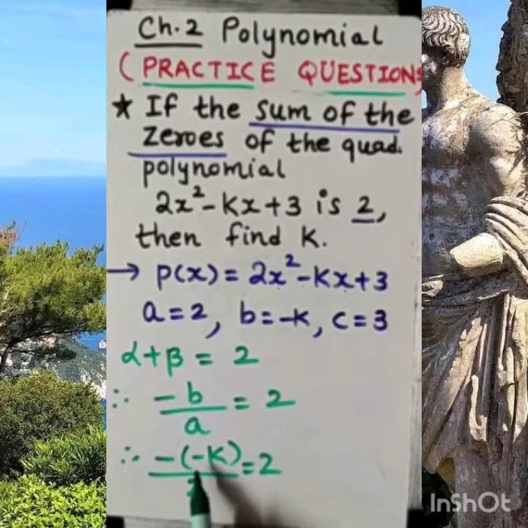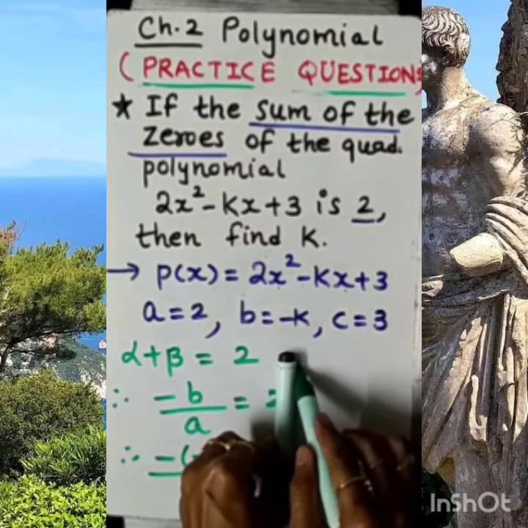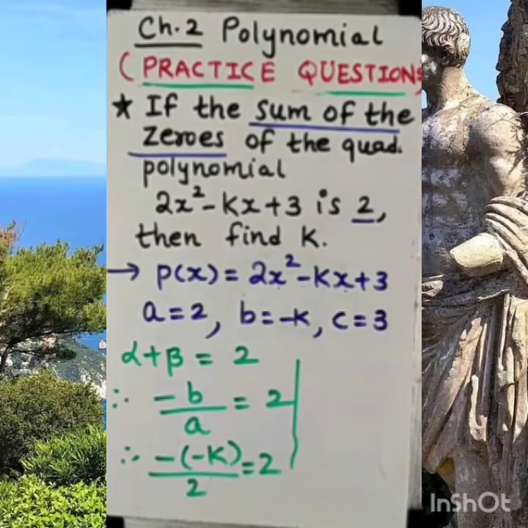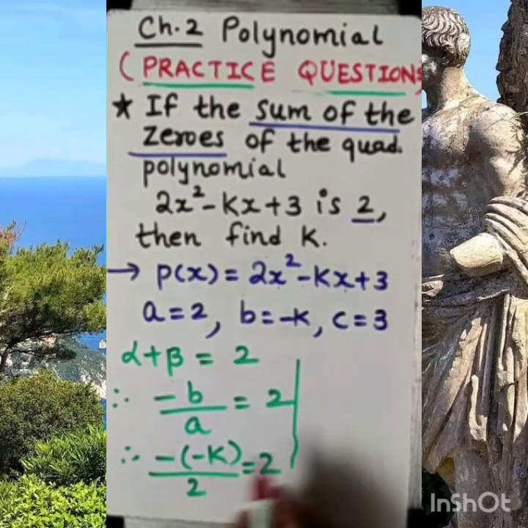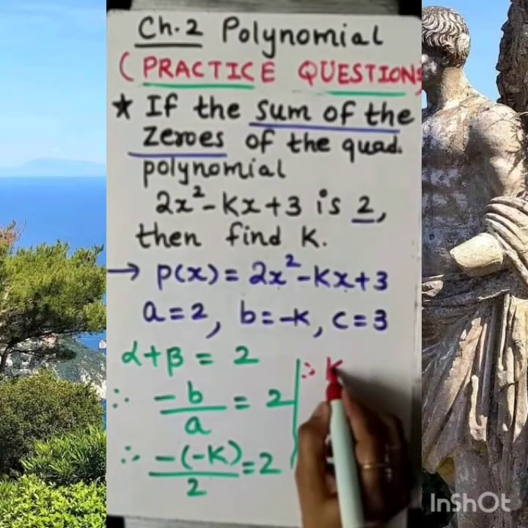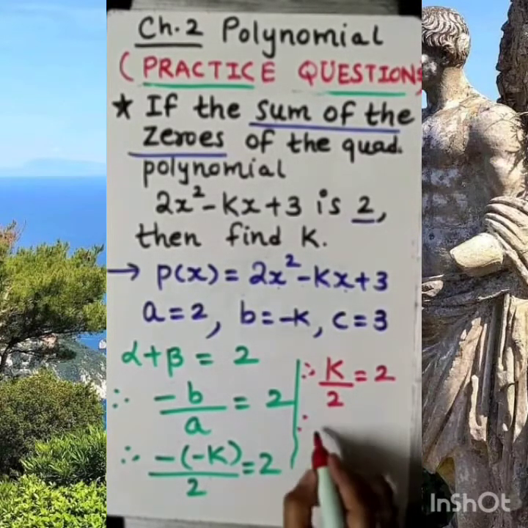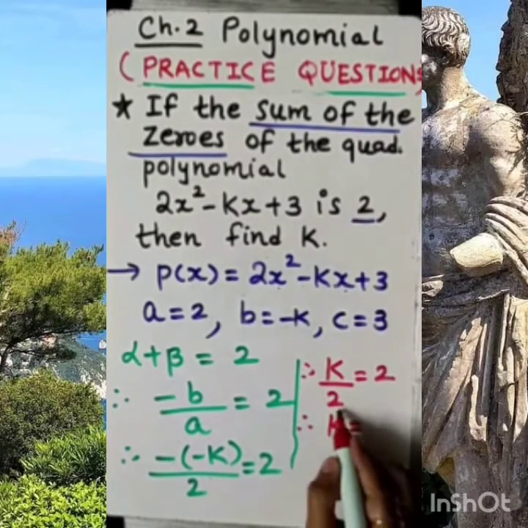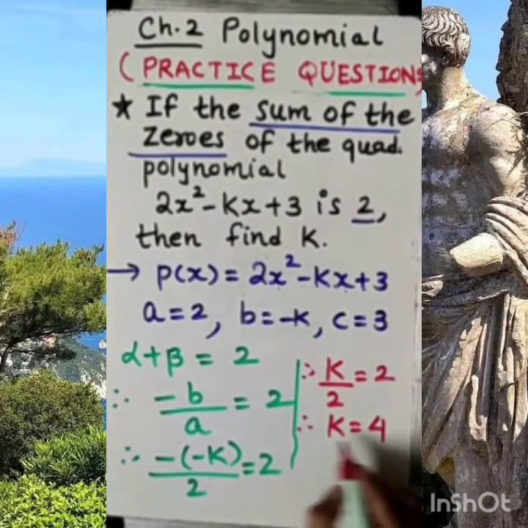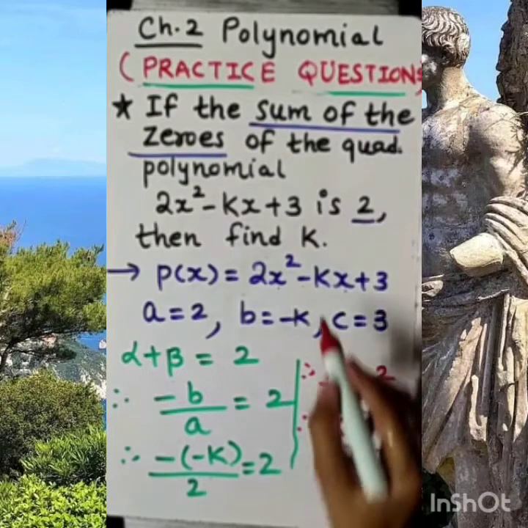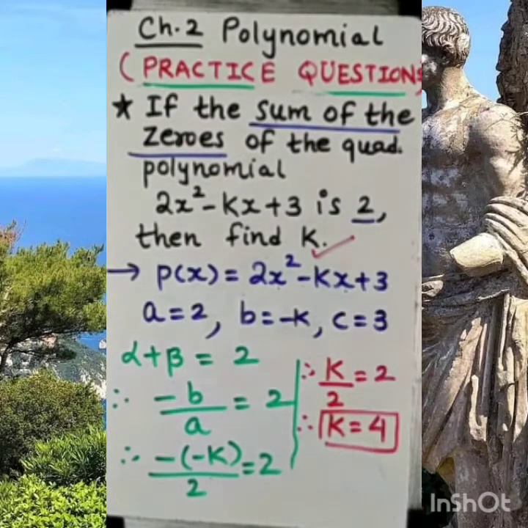So minus minus becomes positive. The next step will be k divided by 1 equal to 2. Therefore, k equal to 2. So this is the required result to find the value of k.